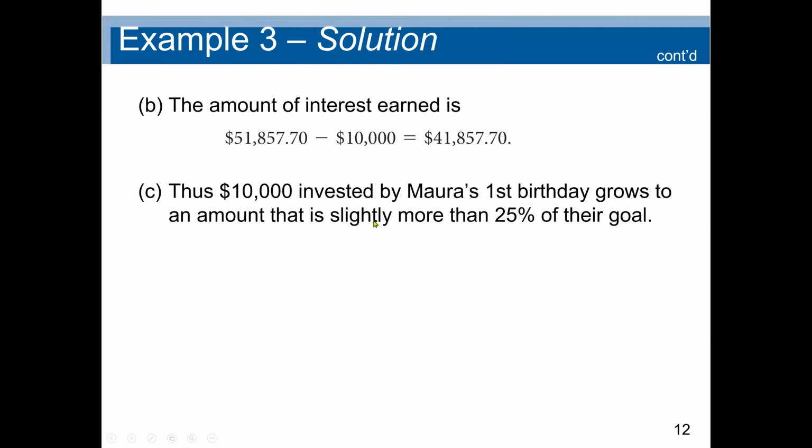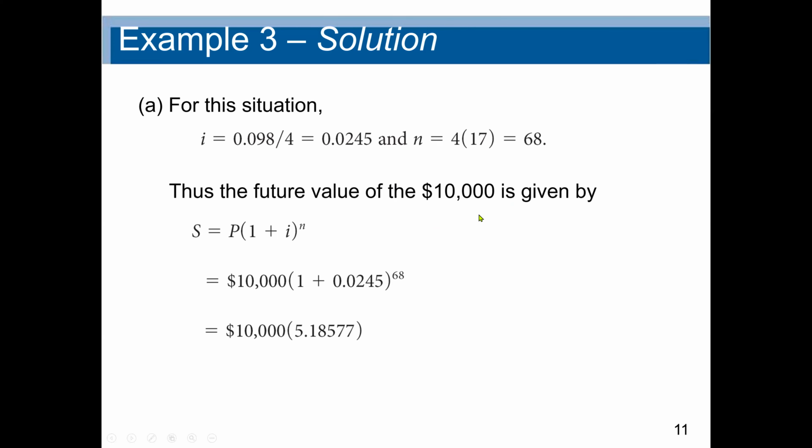Now, we said we want to know the impact. So $10,000 invested by Morris's first birthday grows to an amount that is slightly more than 25% of their goal. Again, their goal was $200,000.